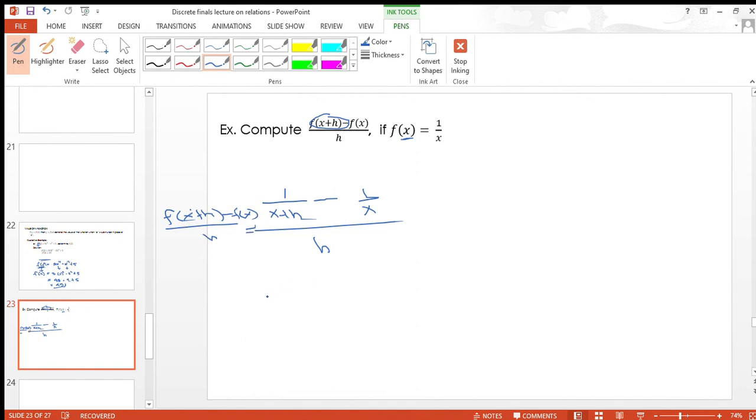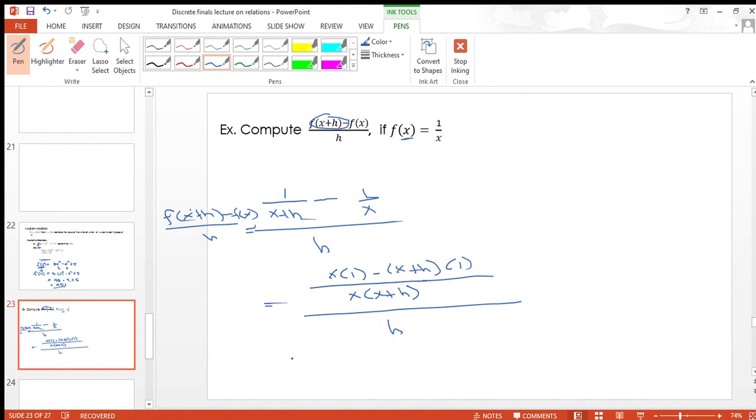And then if we will simplify our value, so for the numerator, our LCD there is x times x plus h. X times x plus h divided by x plus h is x times 1, minus x times x plus h divided by x is x plus h multiplied by the numerator, which is equal to 1 also. Then everything divided by h.